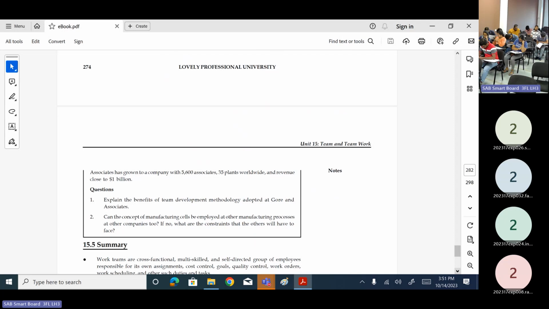Then maybe production cells might be introduced here. Then we have to identify them, or briefly explain them, not different benefits. Can the concept of manufacturing cells, the typical method used here, be employed at other manufacturing processes at other companies too? If not, what are the constraints that the others will have to face? Then we have to identify the points comparatively.